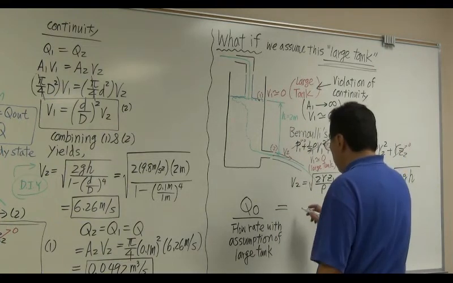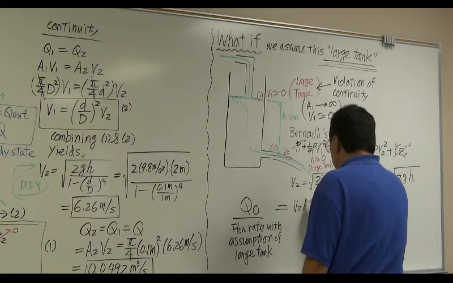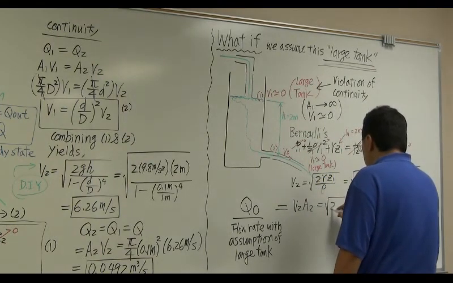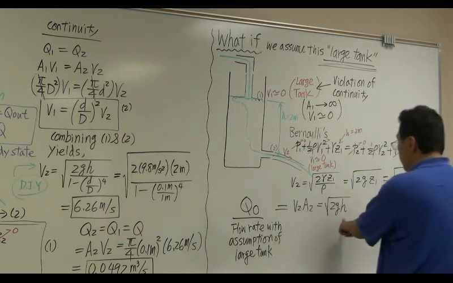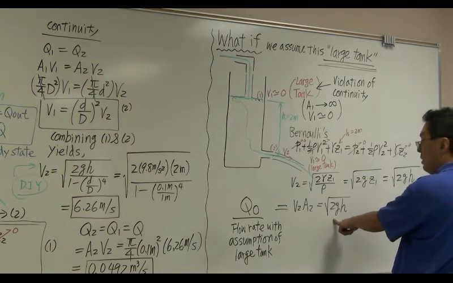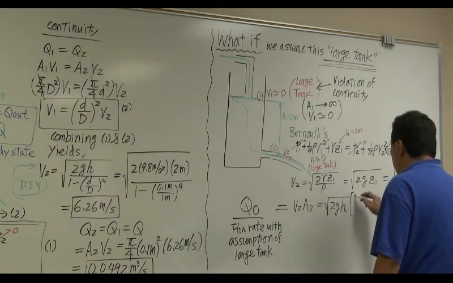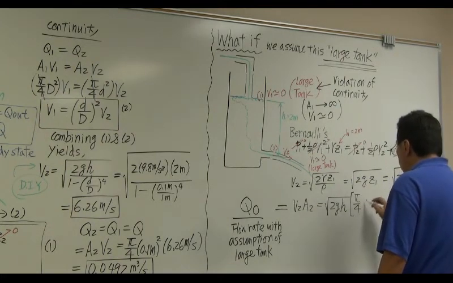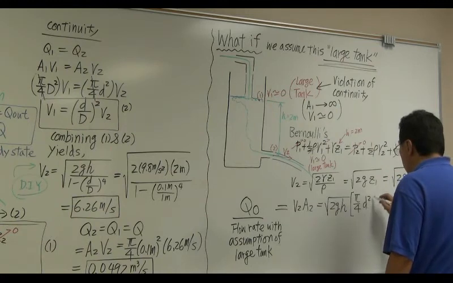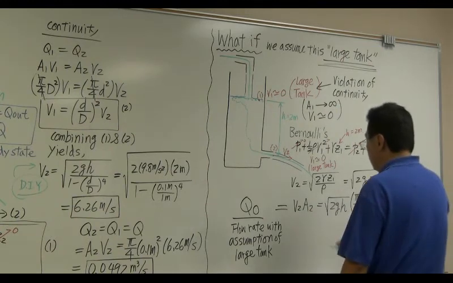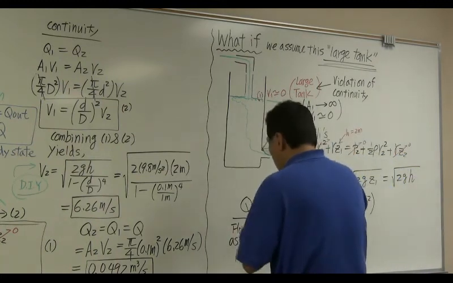Q0 is B2 A2. B2 is this, so this is the square root of 2gH. H is 2 meters, g is 9.8 meters per second squared, times pi over 4 times d squared. Okay?